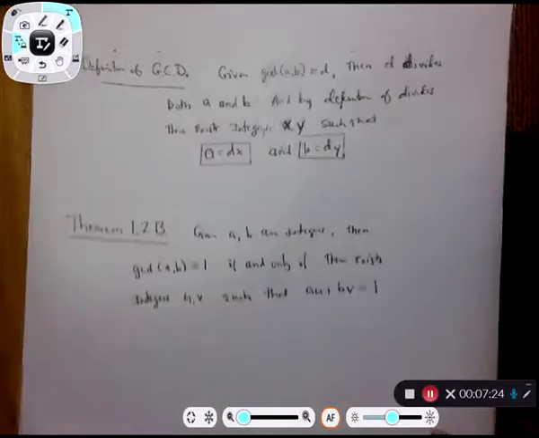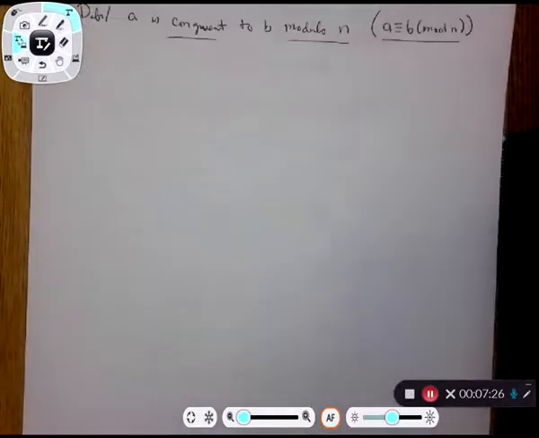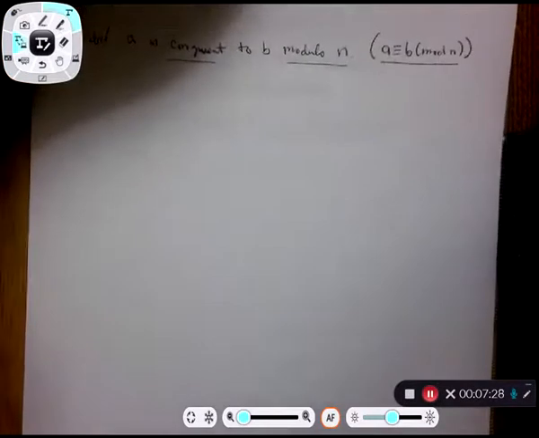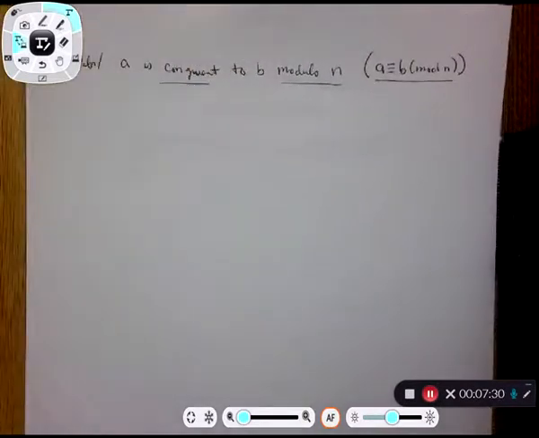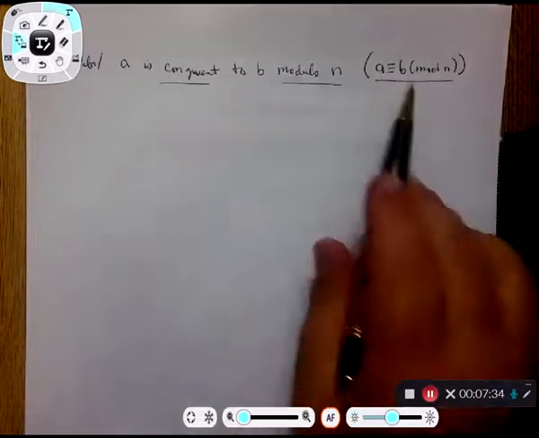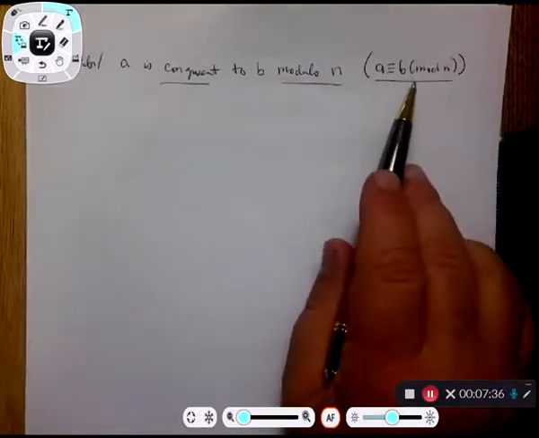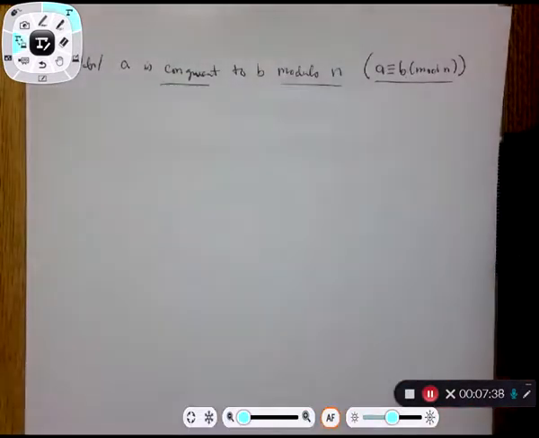Now, one other definition you need to know is this: A is congruent to B mod n, modulo n. Written like this, and this equation is perfectly fine to have in your proof. Remember, you're not allowed to actually divide with a little divide symbol. This is a writing intensive class.